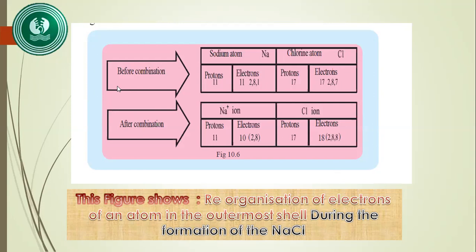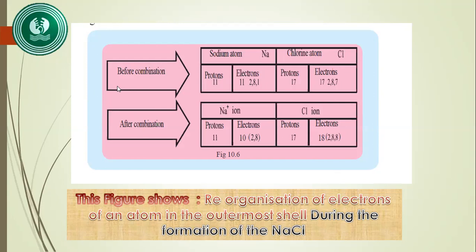Each electron has a negative 1 charge, so the 11 electrons give 11 negative. You simply add the 11 positive plus 11 negative, the result is 0. So the sodium atom is neutral. Like that, for chlorine, 17 protons plus 17 electrons, the charge is neutral.